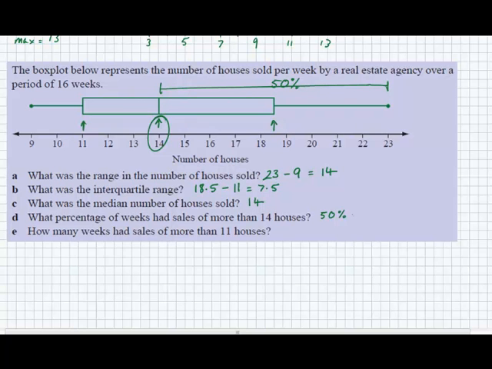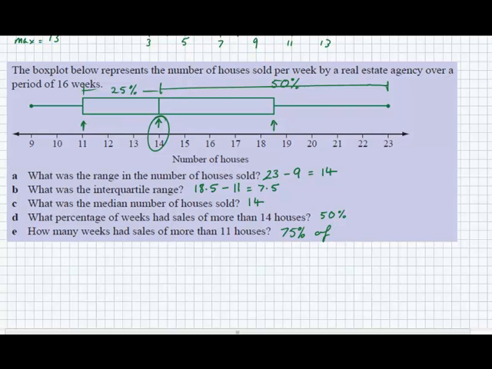How many weeks had sales of more than 11 houses? Okay, 11 is our lower quartile. So if that's another 25% here, then from there up to the end point, 23, that's going to represent 75%. So 75% of how many houses were there?